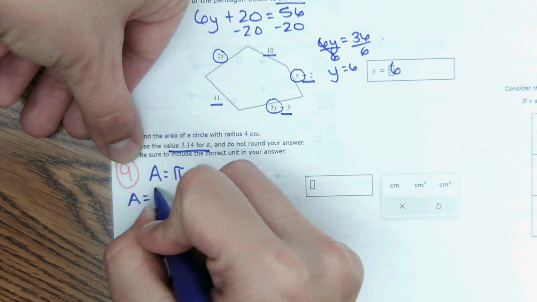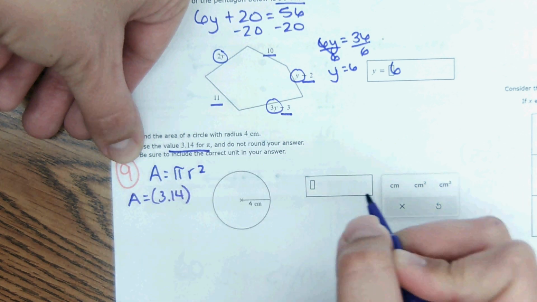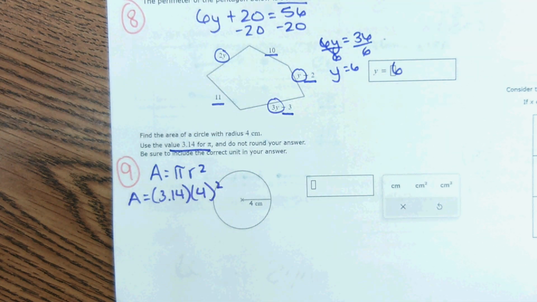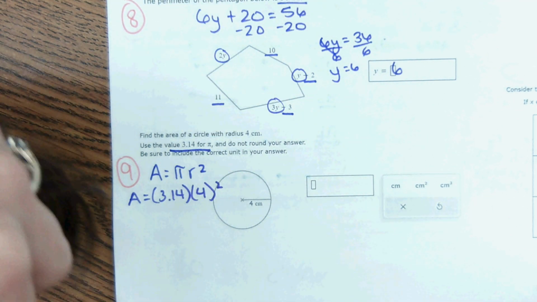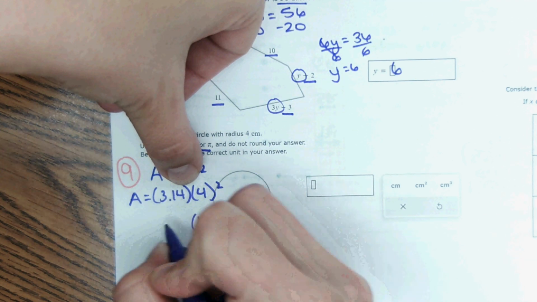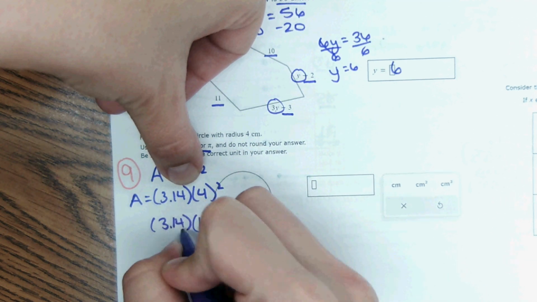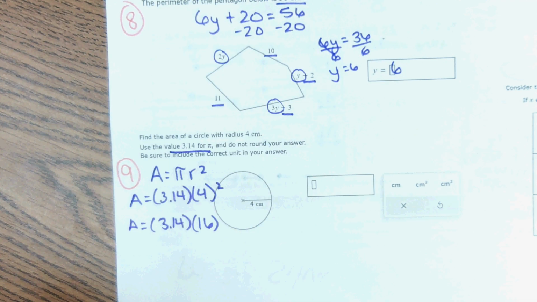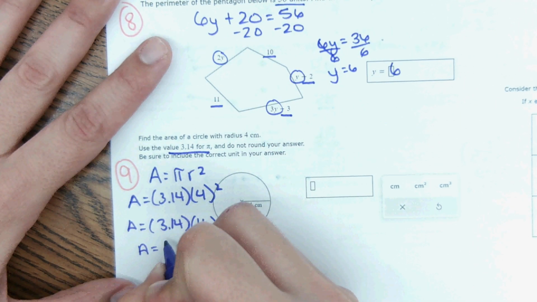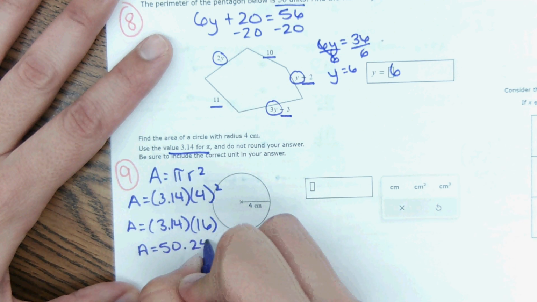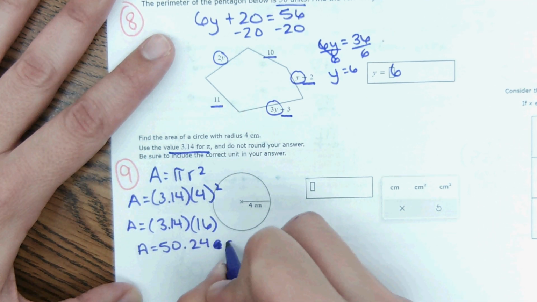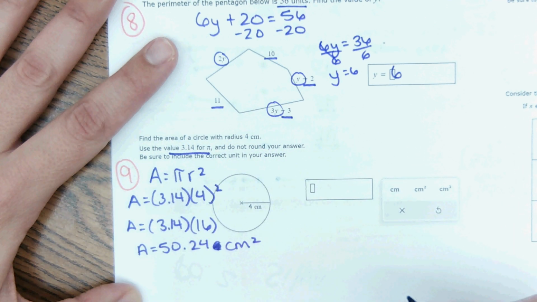So as I'm using this equation, 3.14, the radius here is 4 squared. We need to use order of operations to solve. So 4 squared would be 16 times 3.14. You'd plug this into a calculator and it comes out to 50.24. And then because it's area, it's centimeters squared.